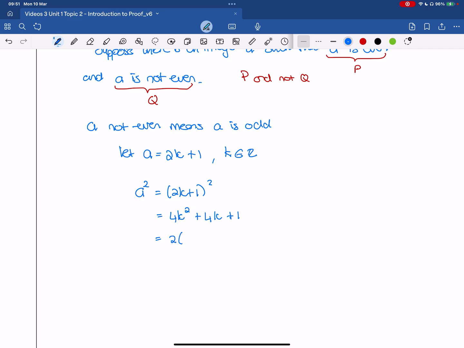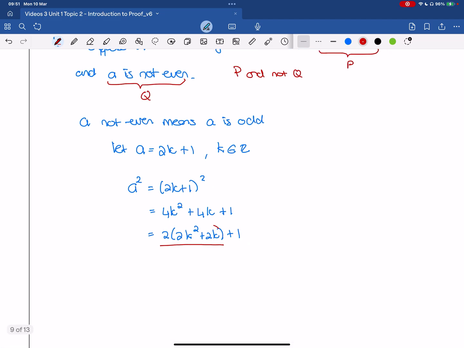What's interesting about that is that this part of my equation here is an integer multiplied by 2. Now remember we said that anything multiplied by 2 must be even.